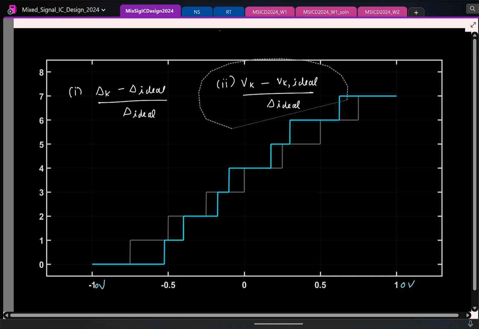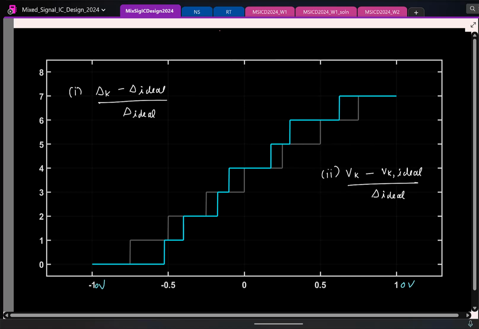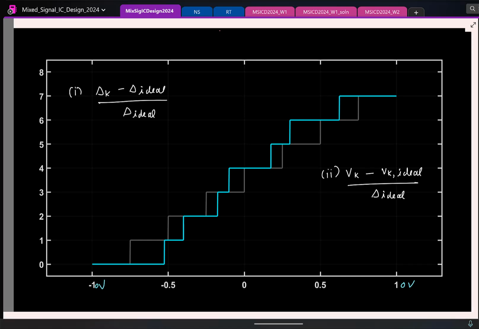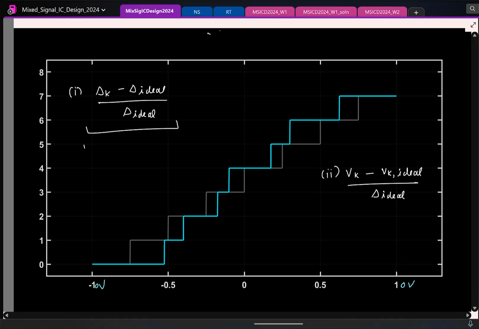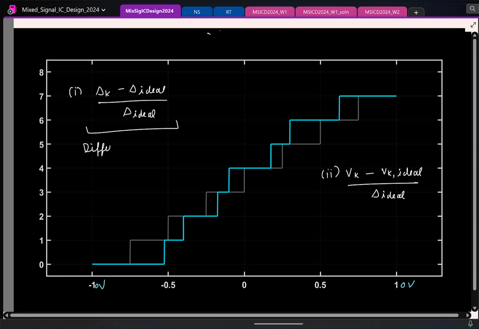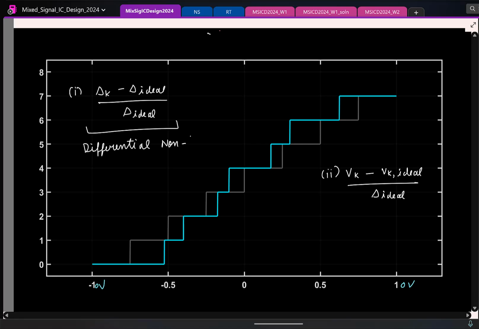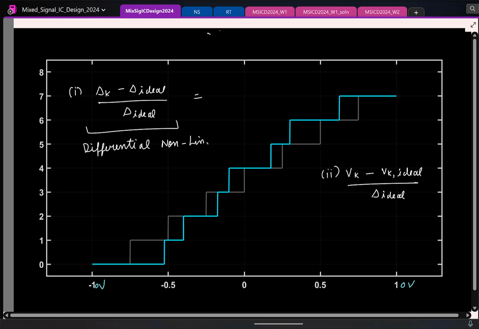Okay. Make sense? So this first one is called the differential nonlinearity, or DNL.